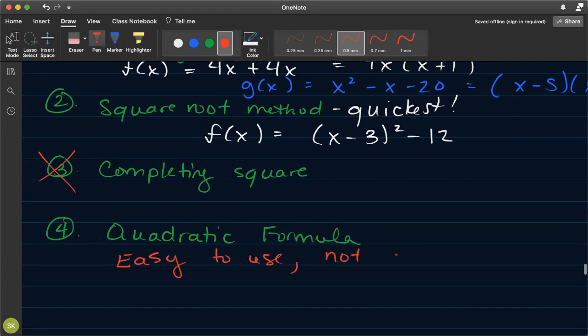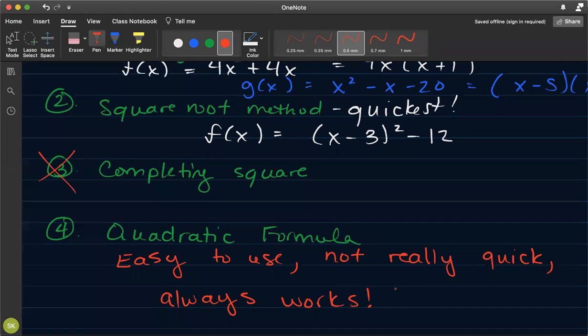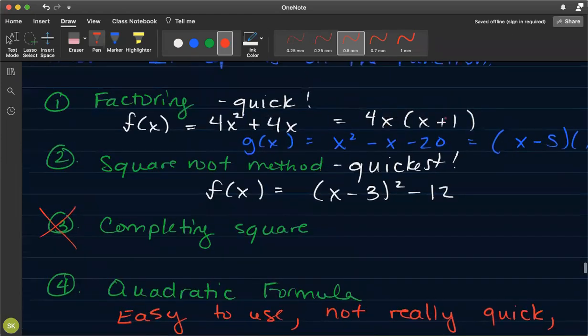The quadratic formula is easy to use, not really quick, because you have to put everything in your formula and simplify it, but it always works. So you can use this for any type of function you're given, if it's a quadratic. Like factoring, like I said, if you can't factor, you can't use factoring to find the zeros.